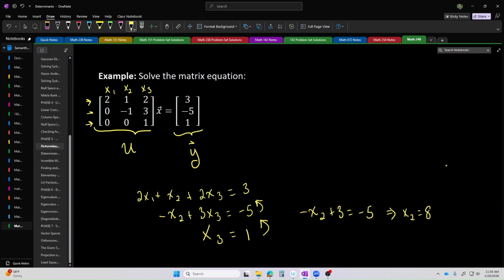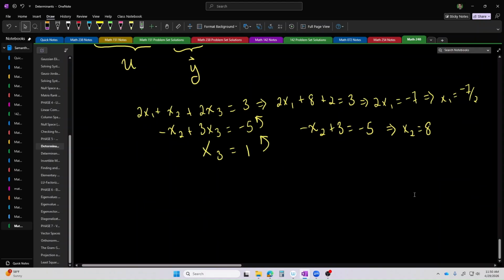If I back substitute into that, I get 2x1 plus 8 plus 2 equals 3. So that implies 2x1 is equal to negative 7, and that implies x1 is equal to negative 7 over 2. And so with very little work at all, I've gotten the solution x equals negative 7 halves, 8, and 1 to this matrix equation.